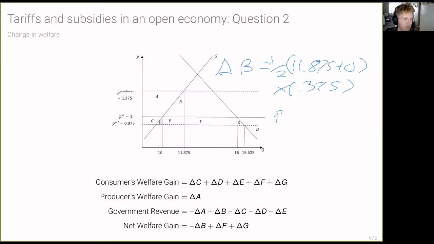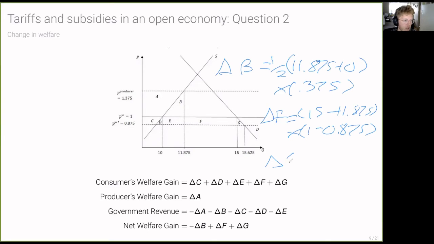Okay, F is a rectangle, so that's easy. It's going to be base times height. The base is going to be 15 minus 11.875. This is the difference between new production and old consumption, times the difference between the price faced by consumers initially and the lower price faced by consumers now.